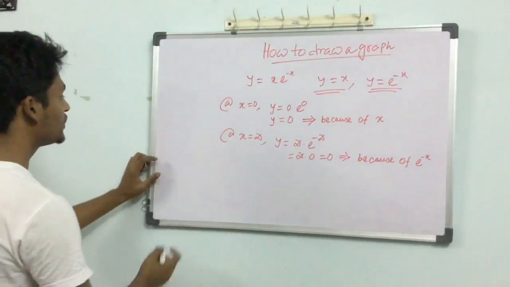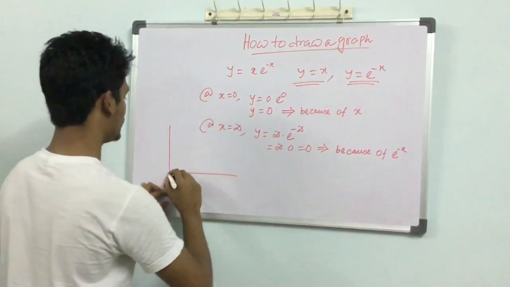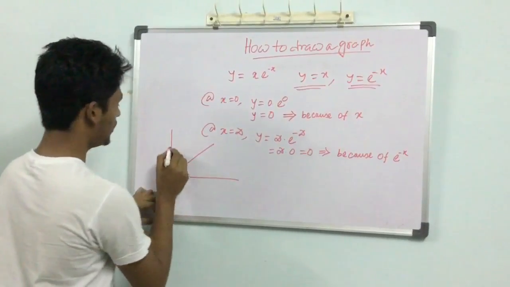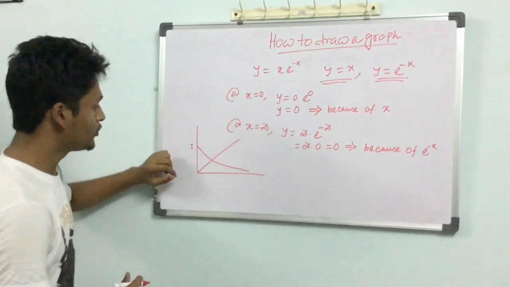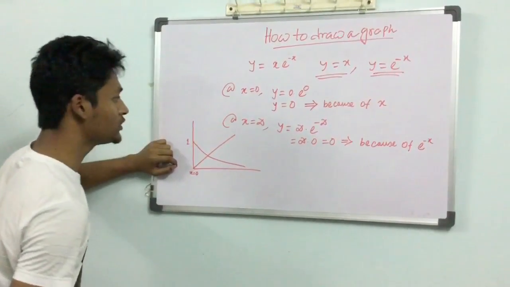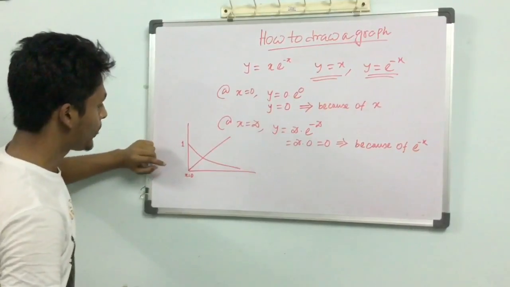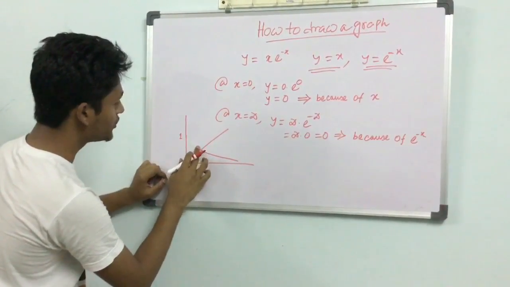So to draw this, you just have to first draw these two. At first draw x and e to the power minus x. This is 1. So in this region, at x equal to 0, the function is 0. So to get 0, you don't need this part because this part is giving you 1.